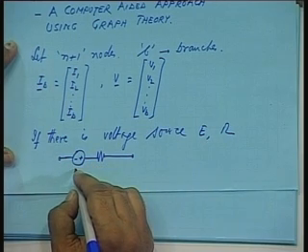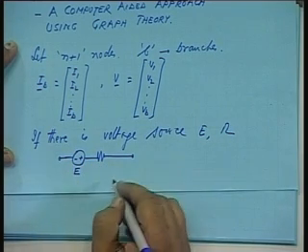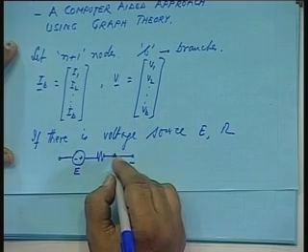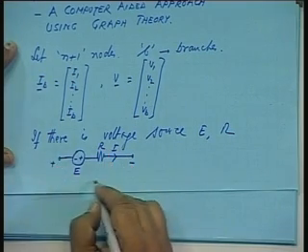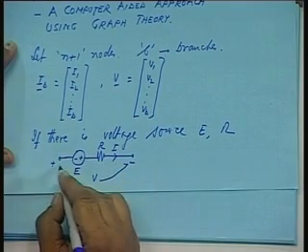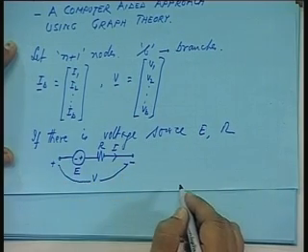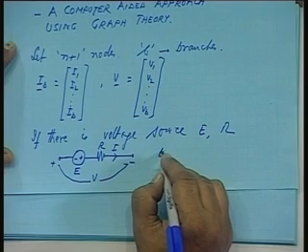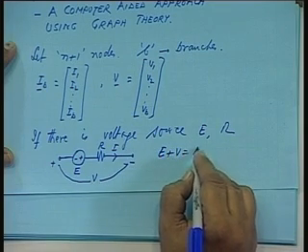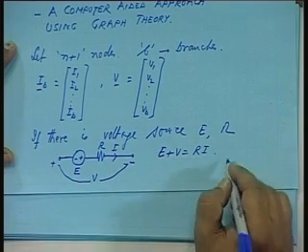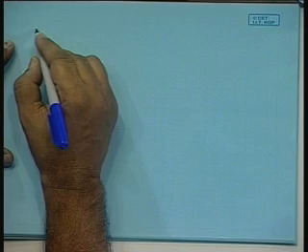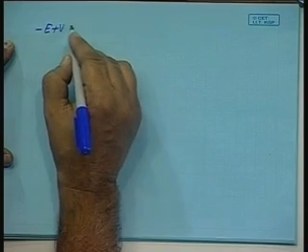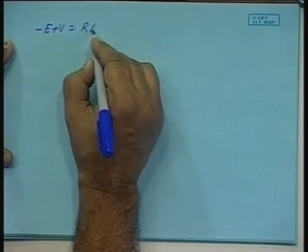This is E, this is current I, this is R and this is V, the element voltage V. Then E plus V will be equal to R into I. If E is connected in the opposite direction, then it will be minus E plus V is equal to Ri.